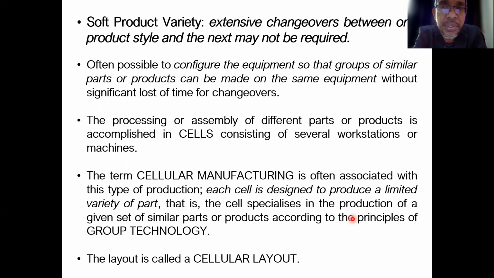So we can produce the product without changeover, and then no reprogramming is required as well. So we can produce with high volume production. That's why we call it soft product variation.